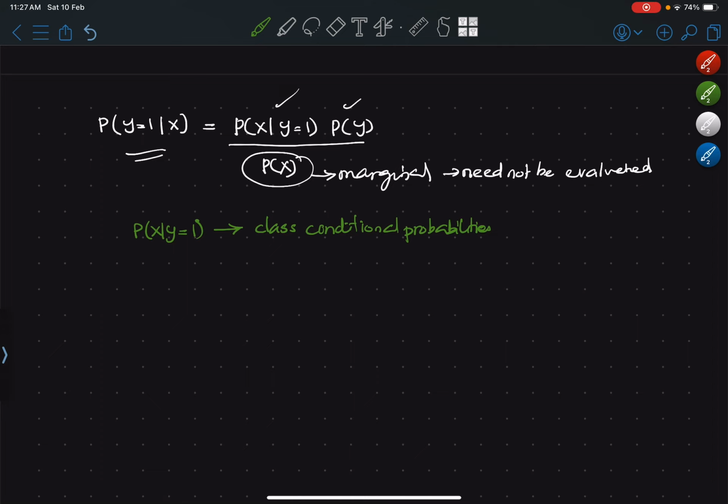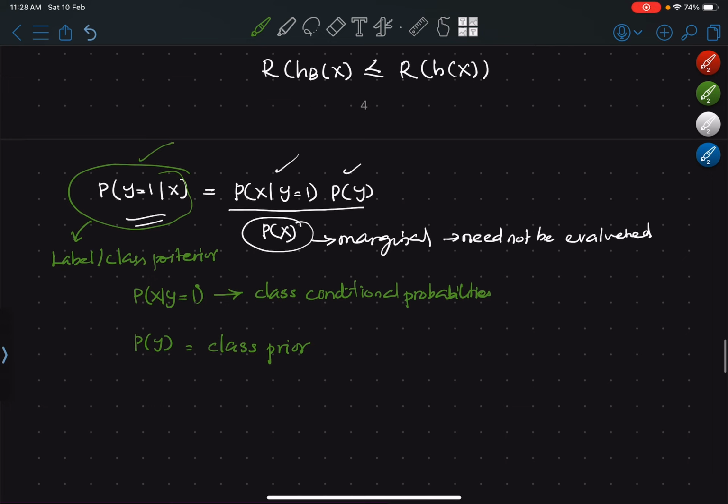You can use this: it's a class conditional probability, so the class is the condition. That's one way of remembering this. And p of y is known as the class prior. And the left part of this is the posterior. This is known as the label or class posterior.